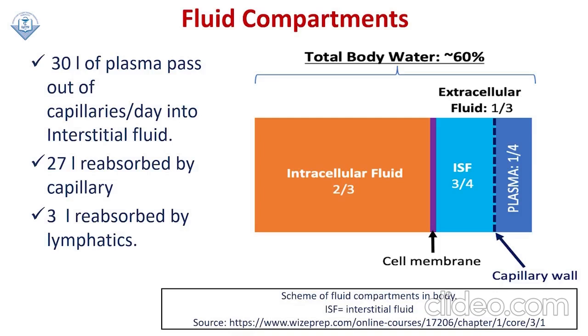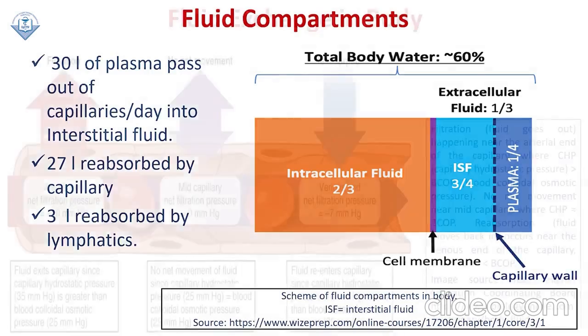And intracellular fluid is separated by the plasma cell membrane, and usually there is no severe metabolism with other compartments. 30 liters of plasma pass out of capillaries in a day into interstitial fluid, and then 27 liters is reabsorbed by capillaries, and 3 liters of fluid is reabsorbed through the lymphatic system.